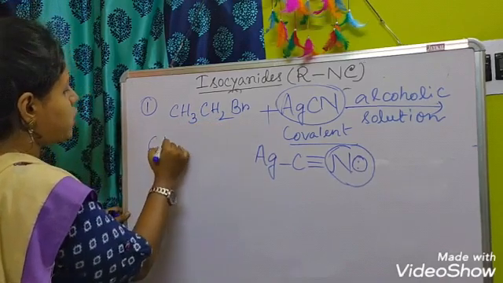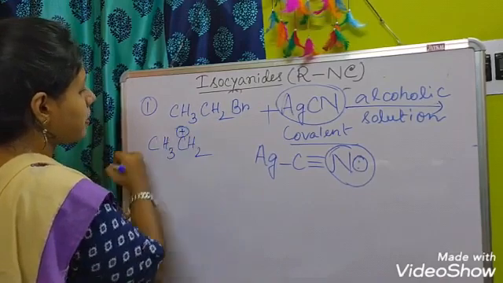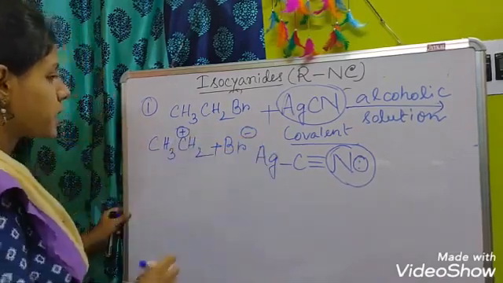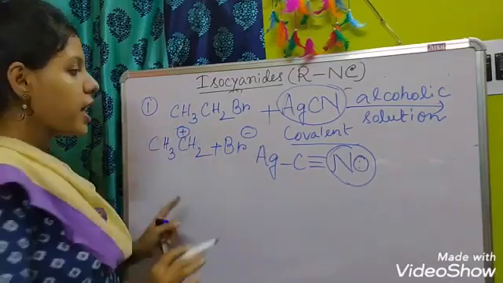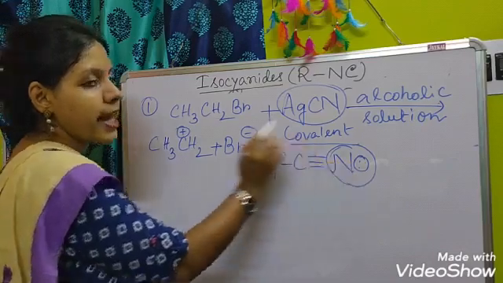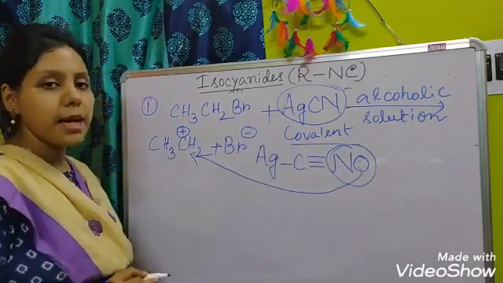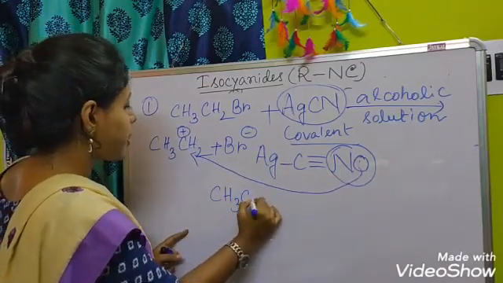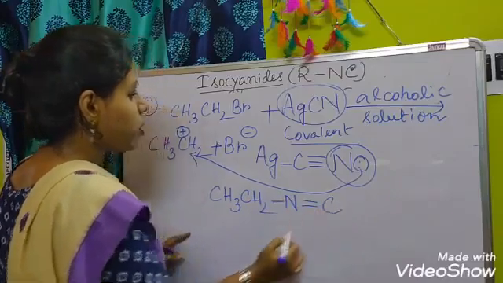So now this part will be broken like this, plus Br minus. Now, so this will undergo the SN1 mechanism. Now this nitrogen, with the help of its lone pair, will attack on the carbon atom. So there will be the formation of CH3CH2, single bond nitrogen, double bond carbon.